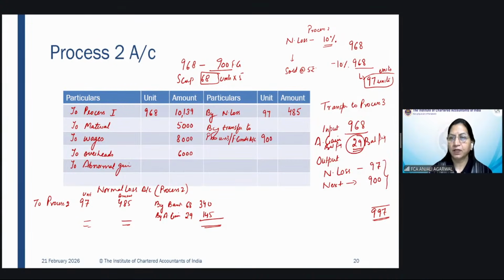So we had an abnormal gain of 29 units, but our fundamental remains the same. Total cost before this was how much? 10,139 plus 5,000 plus 8,000 plus 6,000. Don't take the 29 as such, it is not even an amount. I should not have written it.